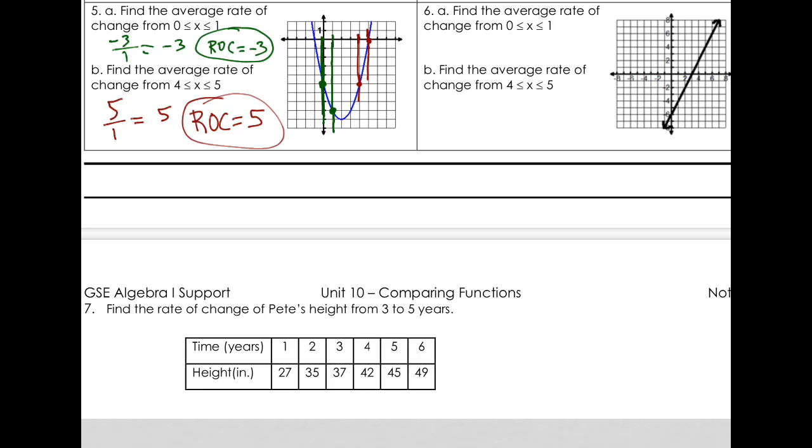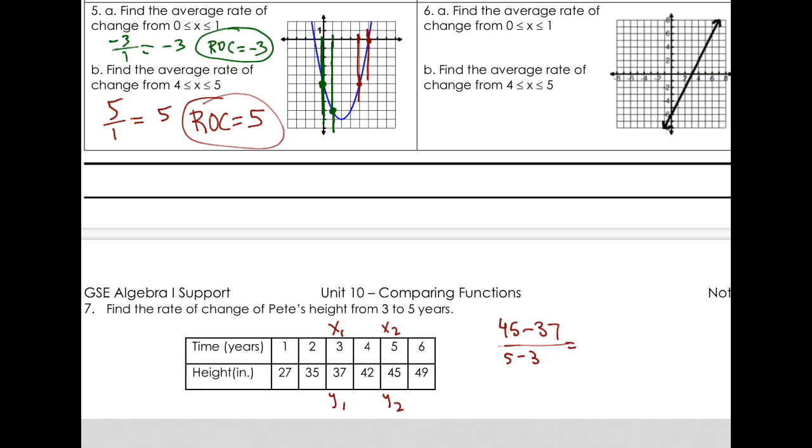All right, number 7, same exact thing. It's saying find the rate of change of Pete's height from 3 to 5 years. So 3 would be x1. This would be x2, which means this is y1. This is y2. We're doing the formula the exact same way. So 45 minus 37, y2 minus y1 over 5 minus 3.